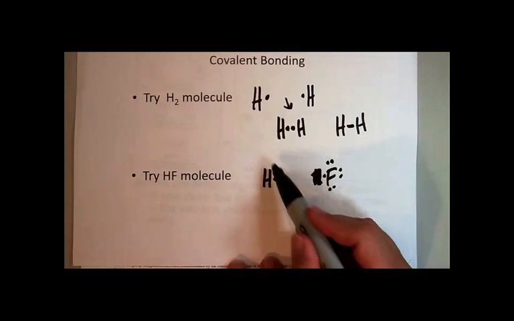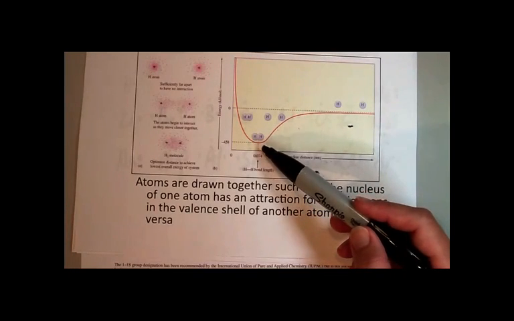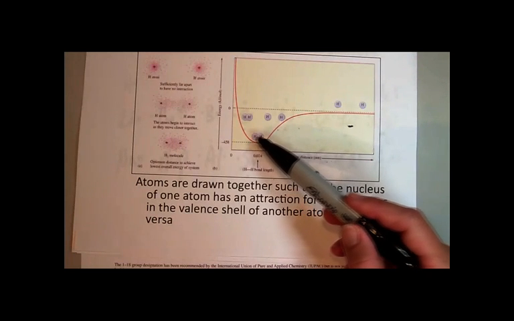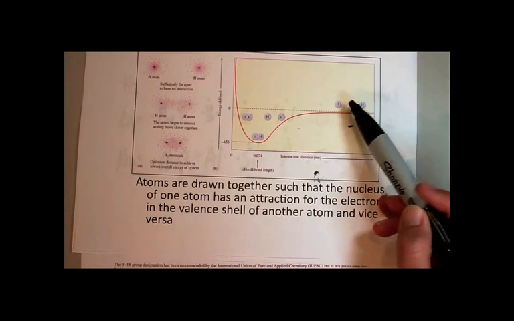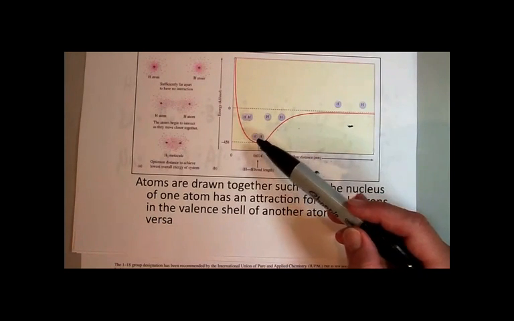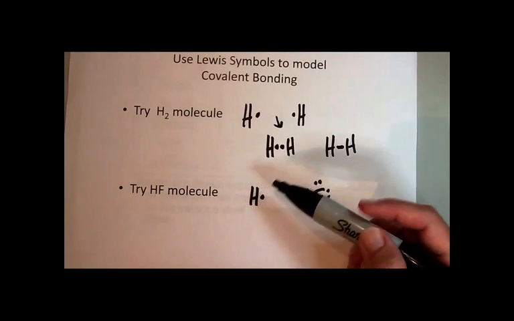That's why it moves to a lower energy here. It's energetically more favorable for the hydrogen to have 2 electrons in its valence shell than to have 1. It's higher energy when it's by itself and moves to a lower energy state when it's together. For hydrogen, that happens to be 2 in the valence shell.